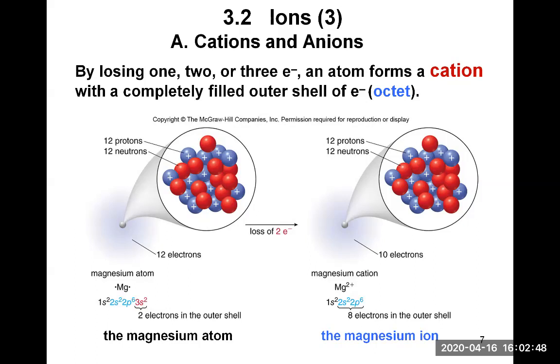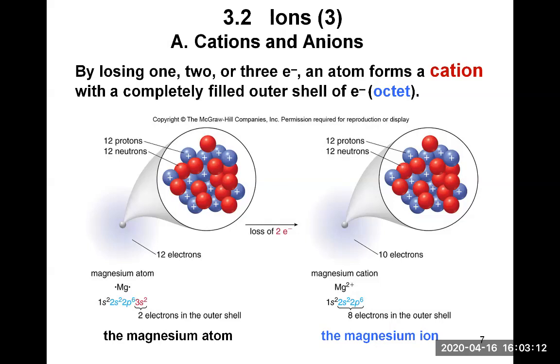So let's look at another example of a cation, the magnesium atom. Magnesium, atomic number 12, has 12 protons in its nucleus and 12 electrons when it's the neutral atom. Magnesium likes to lose those 2 electrons that are in its valence shell.